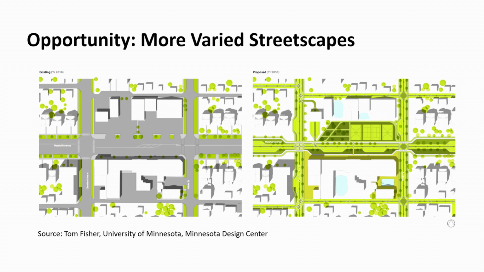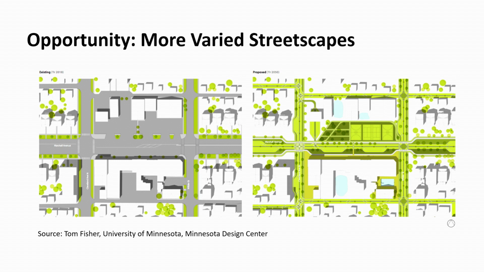So they're going beyond that, and I think that's the direction we're moving in. I'm going to close with a series of illustrations developed by our friend Tom Fisher of the University of Minnesota and his team at the Minnesota Design Center. They looked at what the positive outcomes of this AV revolution could be, and what it could look like on the ground.